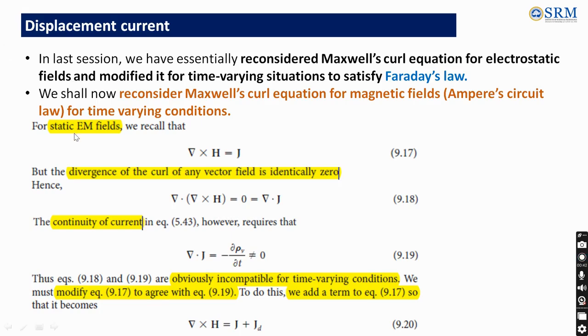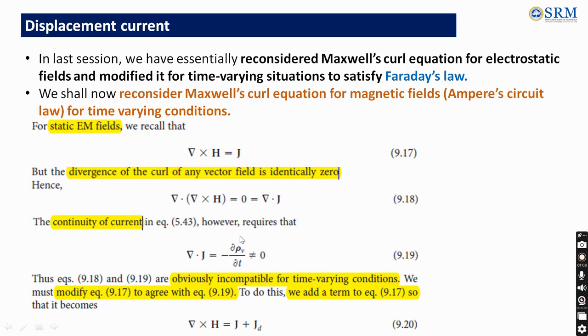For the static electromagnetic field, we know that del cross H is equal to J. If we take the divergence of the curl of any vector, it is going to be 0. So applying the same to the above equation, I am applying the divergence to both sides of the equation, so del dot J. Actually, due to continuity of current, del dot J is not equal to 0.